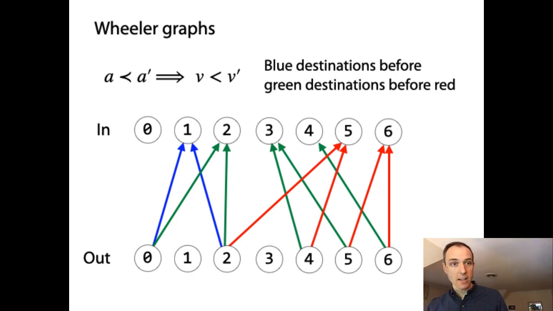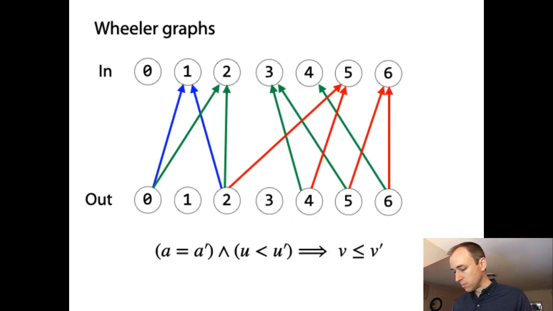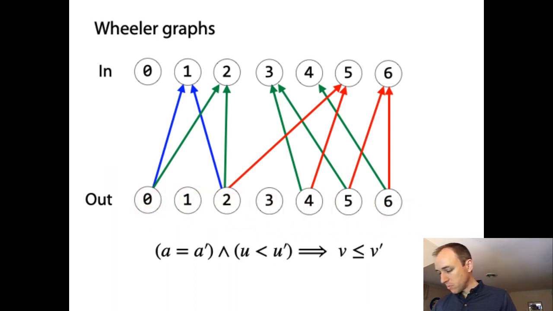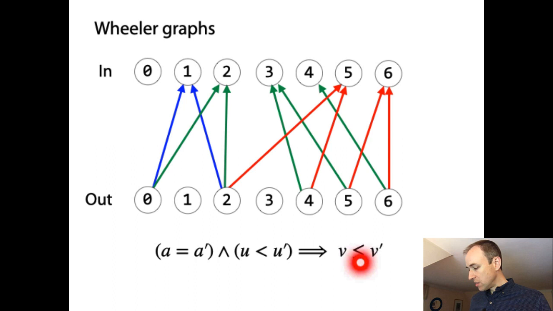And this fact holds in general, and it comes from the 3rd rule from the definition of the Wheeler graph. Because what that's saying is that if you have 2 edges with the same label, if the source of one comes before the source of the other, the destination can't be greater than. They can't cross.